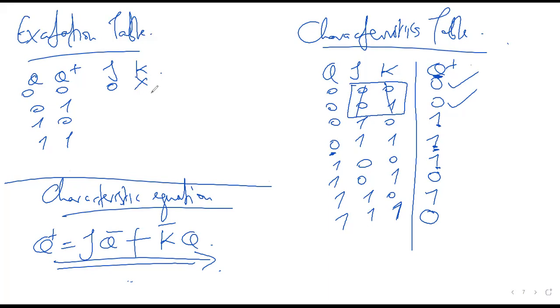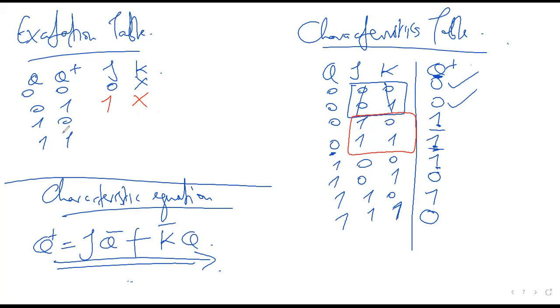It means we don't care what K is. Right. If I want to change from 0 to 1, here I've changed from 0 to 1. Here I've changed from 0 to 1. So we have these two here in the red, J equals 1. We don't care what K is. Do we agree? Someone understanding what I'm saying there? Thank you very much.